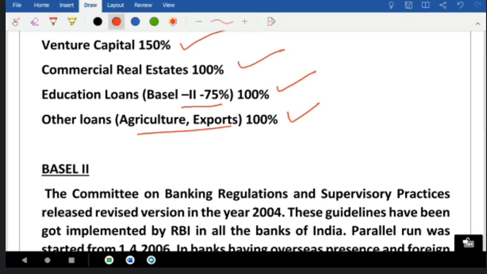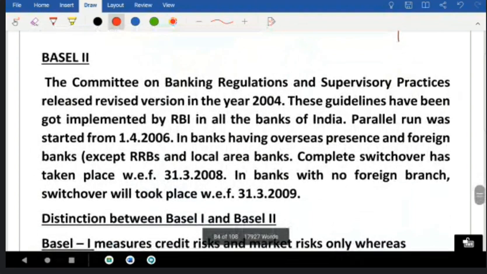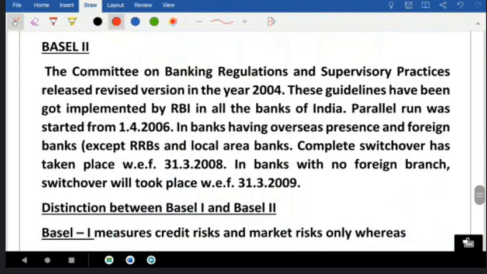Okay. Now Basel 2: some amendment has been done, and Basel 2 came into the picture. The Committee on Banking Regulation and Supervisory Practices released a revised version in the year 2004. These guidelines were implemented by RBI in all the banks of India. Parallel run was started on 1st April 2006 in banks having overseas presence and foreign banks, except RRBs and local area banks.